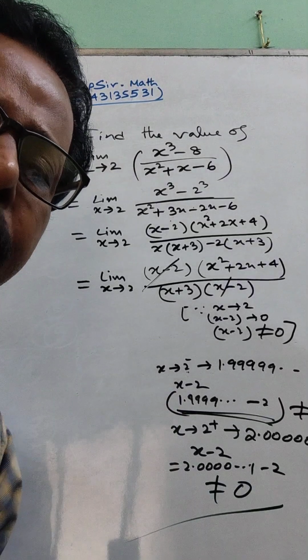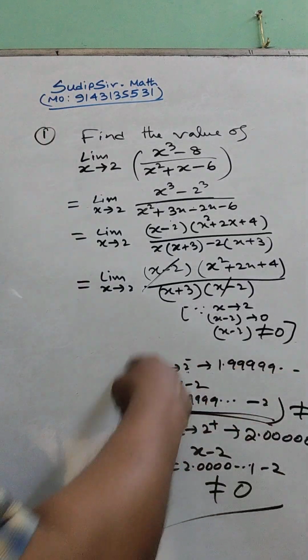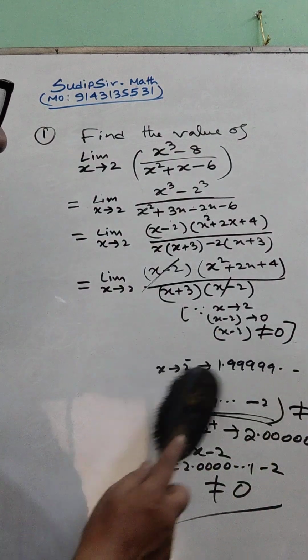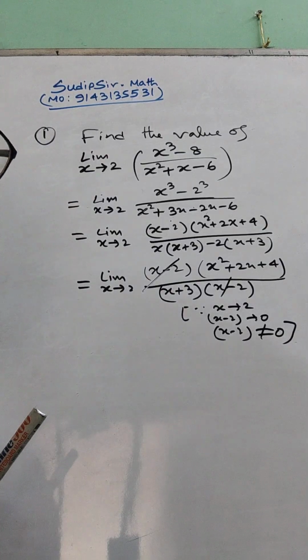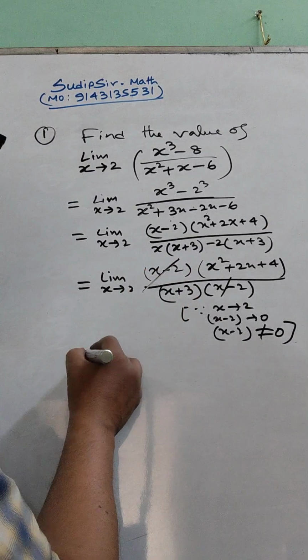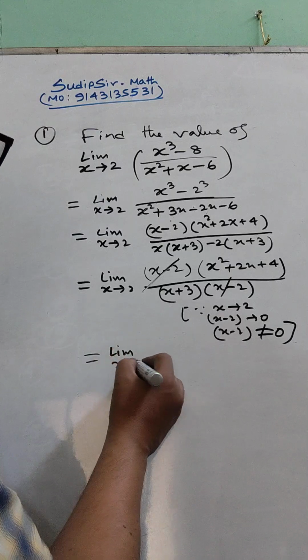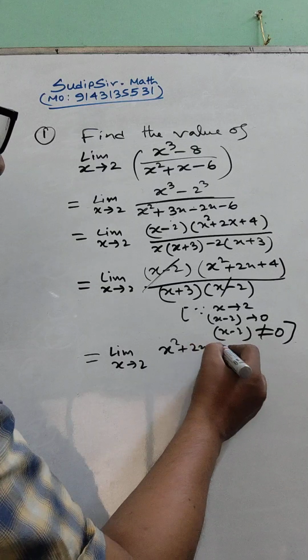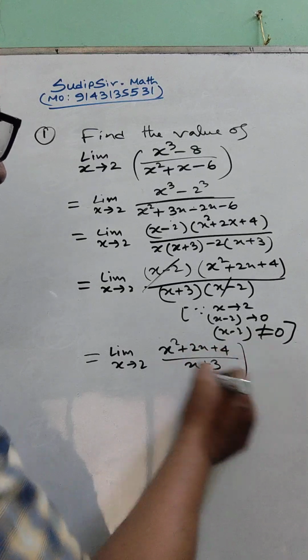In that case also this is not equal to 0. Now this part is not equal to 0. That's why we can cancel it. Now your function becomes limit x tends to 2, that is x square plus 2x plus 4 by x plus 3.